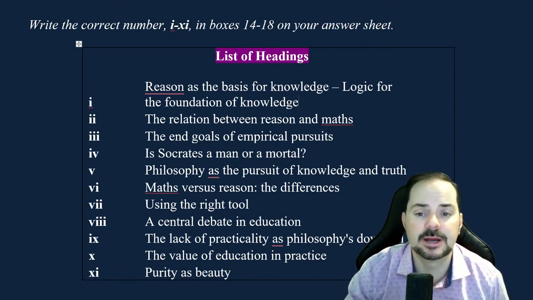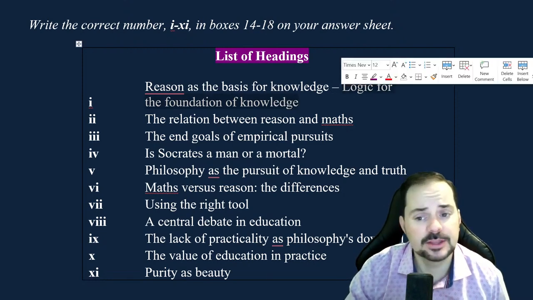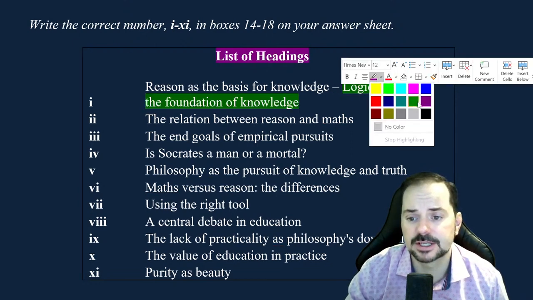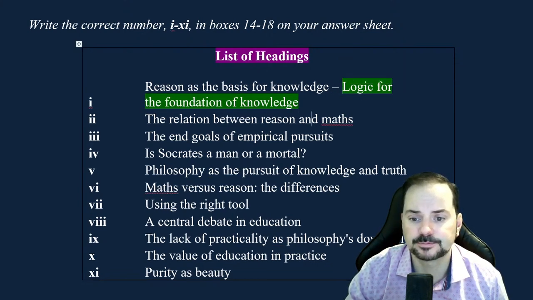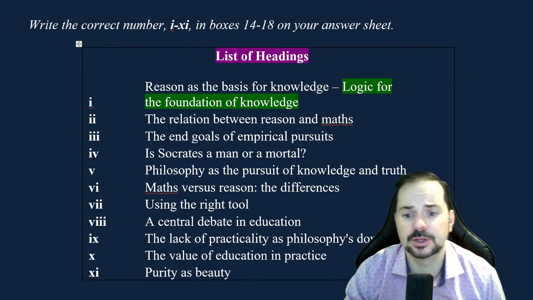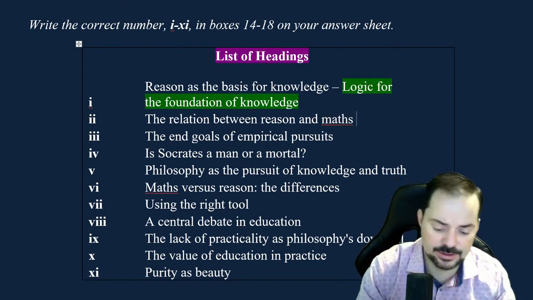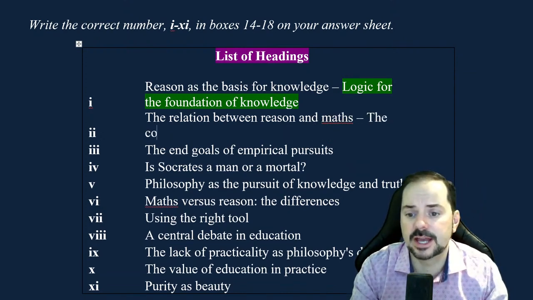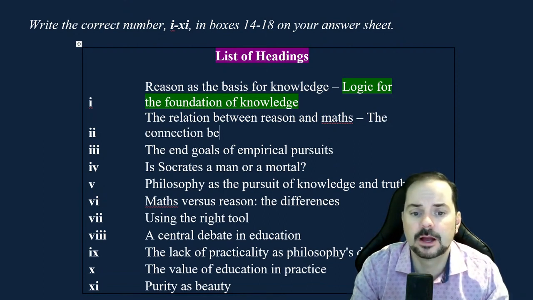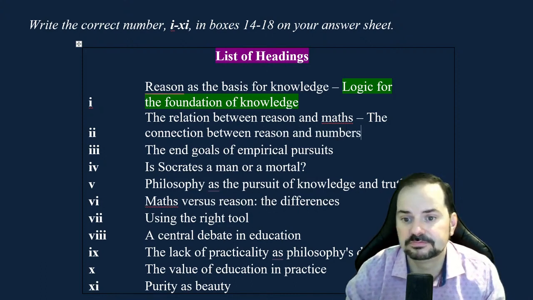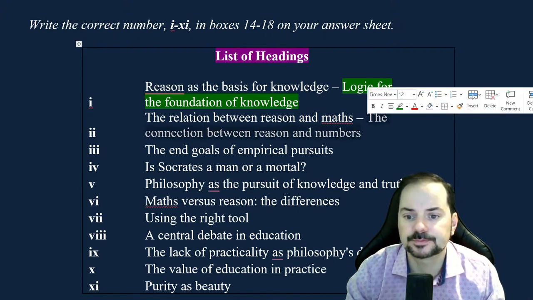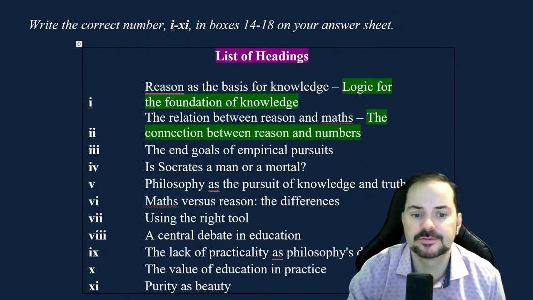That would be my paraphrase there. Try this, members. Try to paraphrase this as I'm doing this, okay? The relation between reason and math, right? The connection between reason and numbers. So that would be my paraphrase for that one.